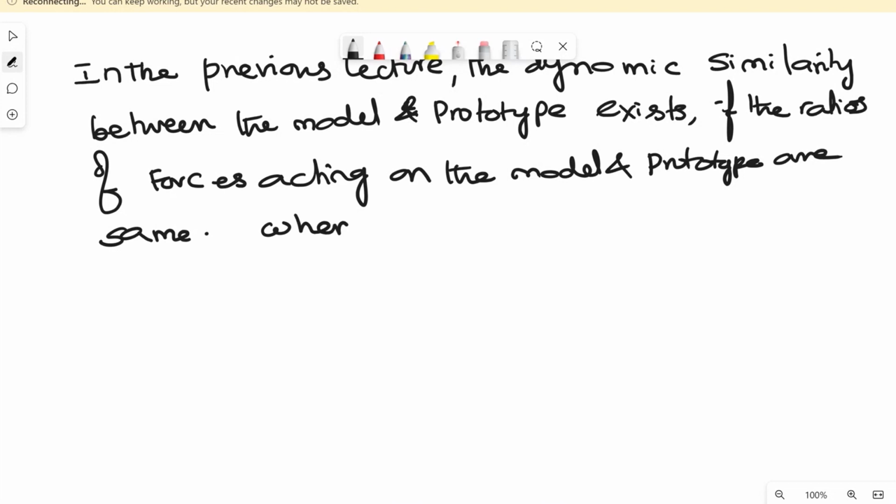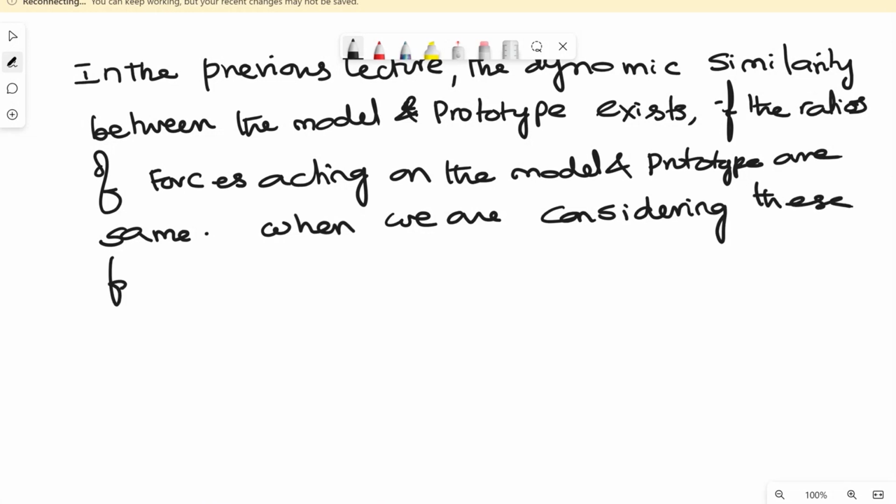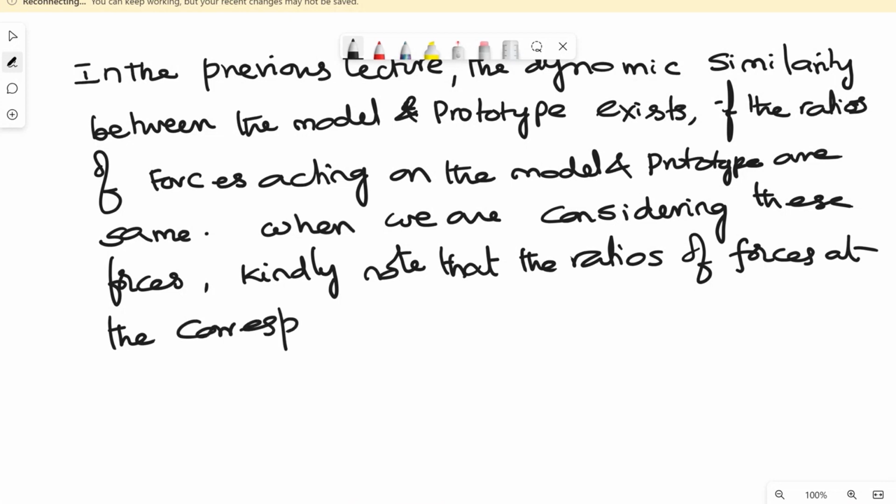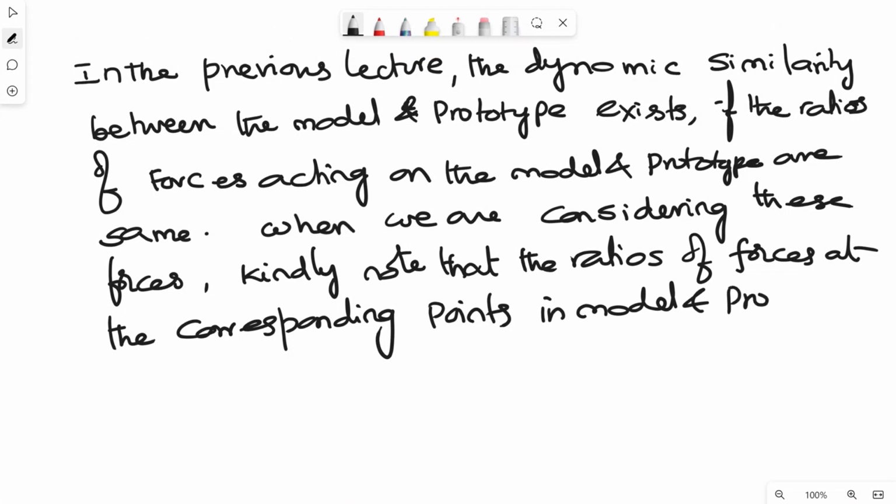When we are considering these forces, kindly note that the ratios of forces at the corresponding points in model and prototype are the same.